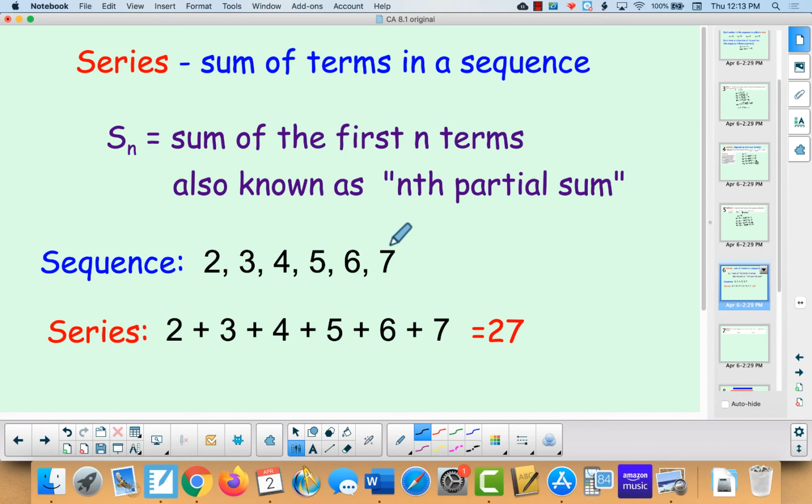So if I want to find the sum of those 6 terms, that's S sub 6, I would add those terms together to get 27. If I was trying to find S sub 2 of that, so that series of just the first 2, I would add 2 plus 3 and get 5.